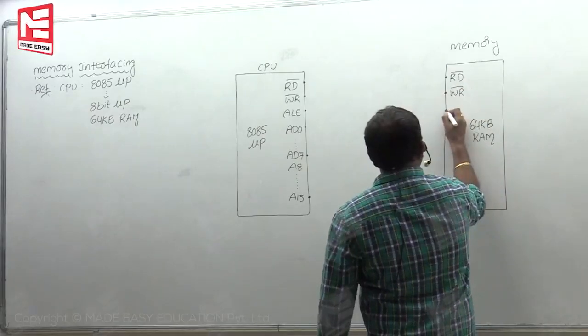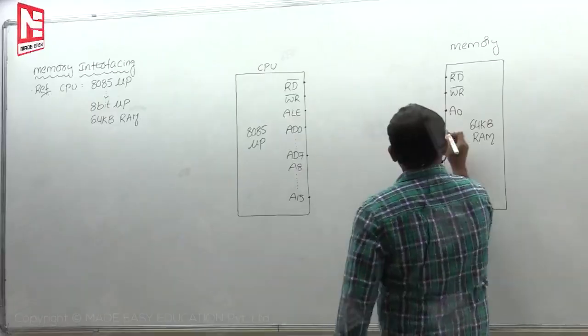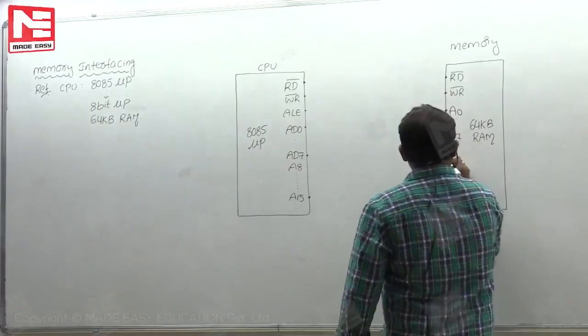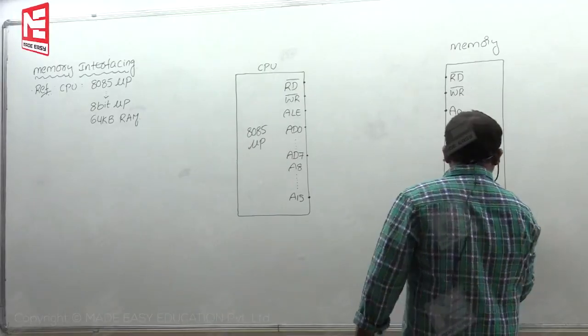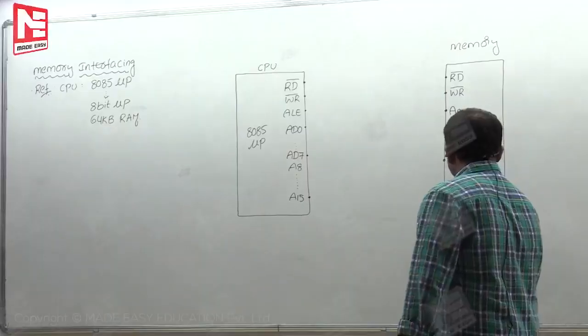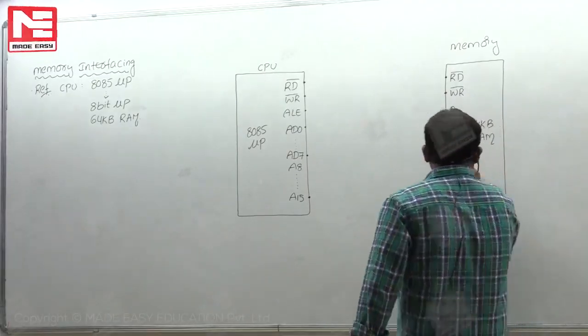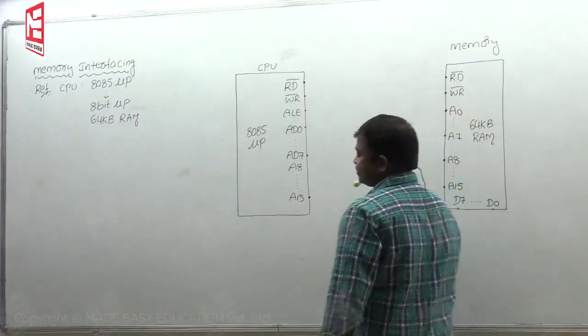For 64 KB, A0 to A15. For effective mapping, A0 to A7 and A8 to A15, like that we are representing the address. Then the cell size is 8-bit, therefore D0 to D7. Like this, the memory body contains pins and the CPU body contains pins.